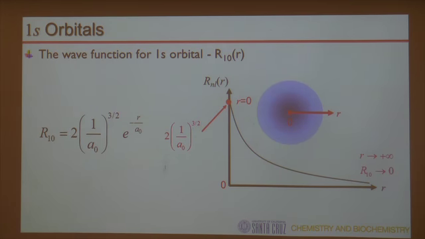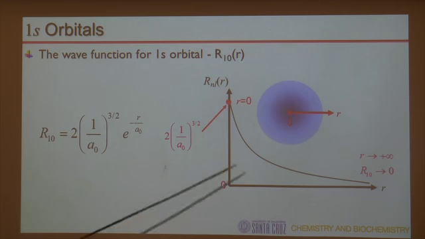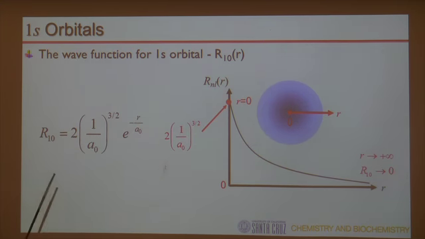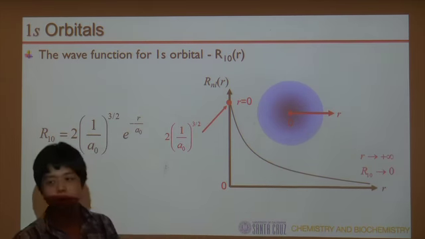It decays to 0 at an infinitely far away place. That simply means for one electron, the probability of finding that electron in the atom at an infinitely far away place is 0. You cannot find the electron there. In other places along the way, you have some probabilities.